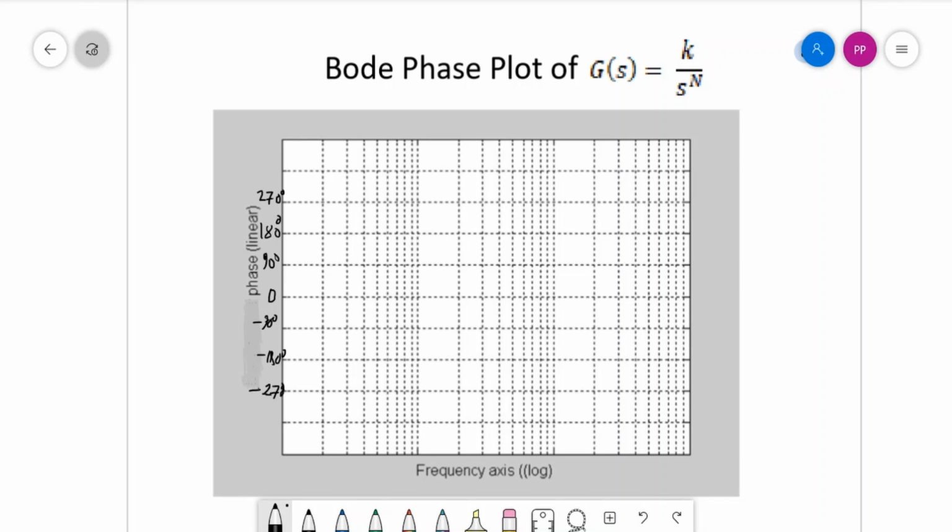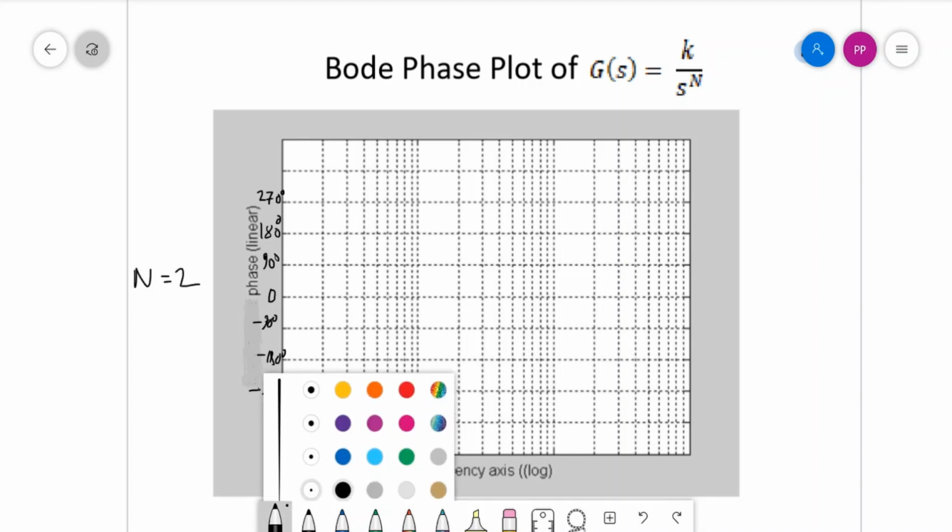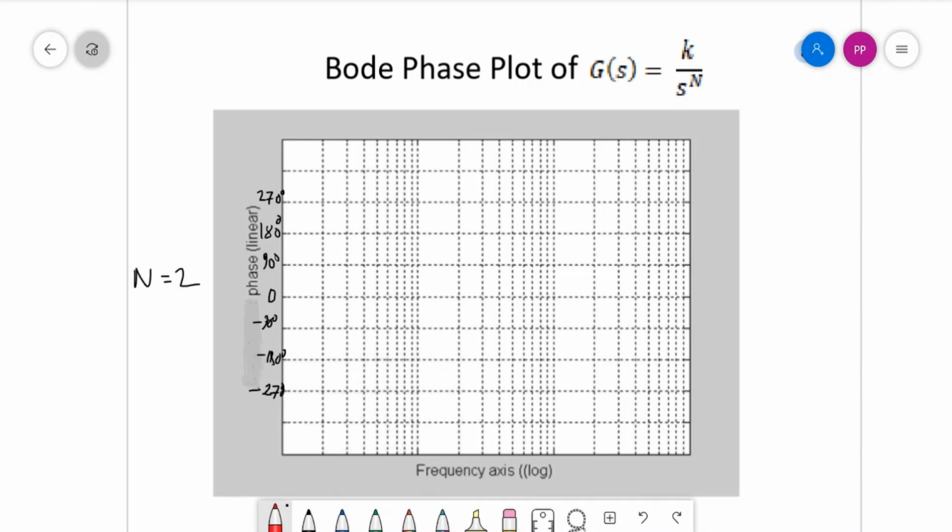In this case, suppose I am taking n equals 2, then minus 2 into 90 is minus 180, so the phase plot will come exactly at minus 180 like this.